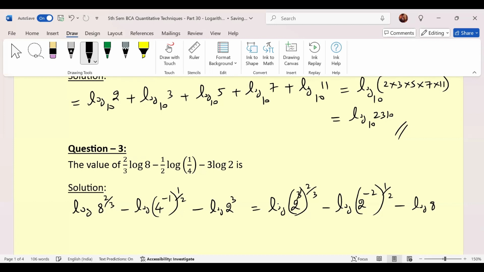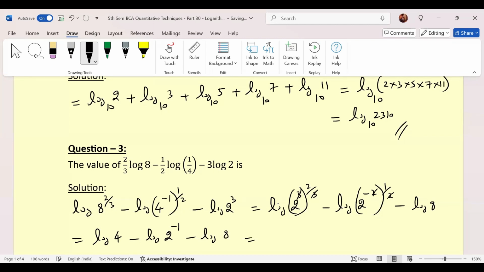Now this 3 and 3 get cancelled. This 2 and 2 get cancelled. So we will have log 2 square, which is nothing but log 4, minus logarithm of 2 power minus 1, minus logarithm of 8.